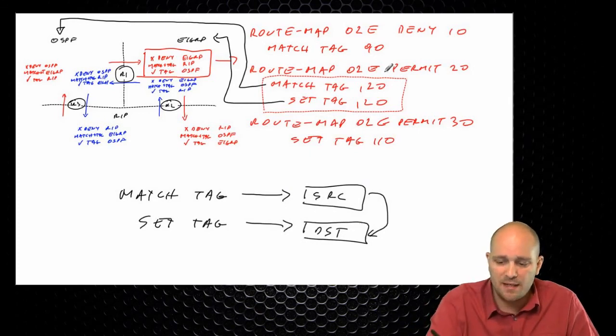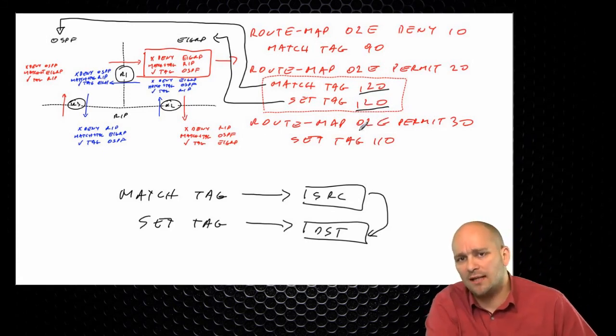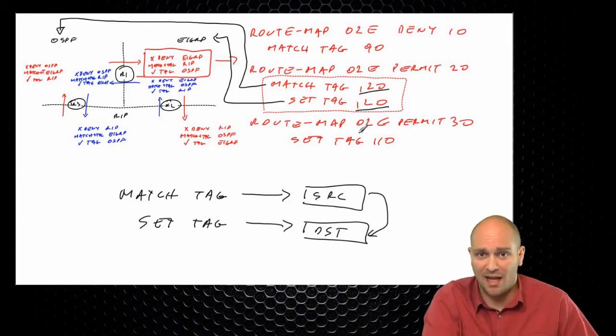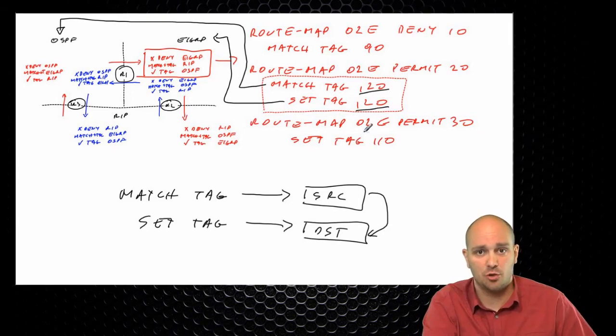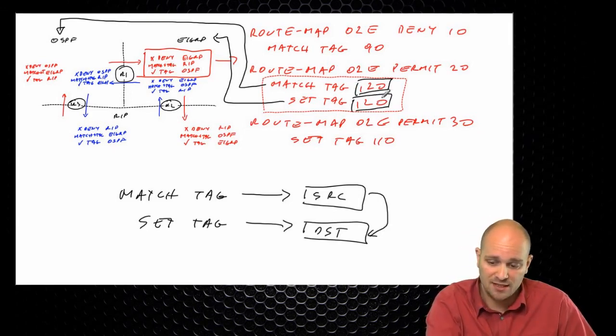So technically speaking, the tag 120 here and the tag 120 here is not the same tag, but it has the same value. Do I actually care that the same bits, the same electrons were not actually used to generate this new route? I couldn't care less, as long as this value here matches this value here.